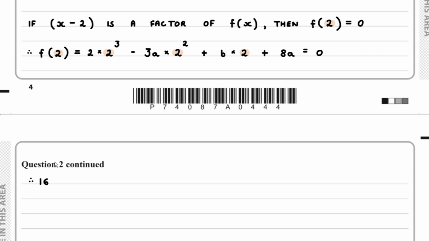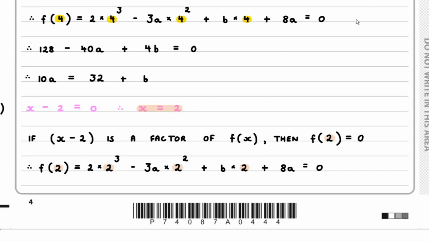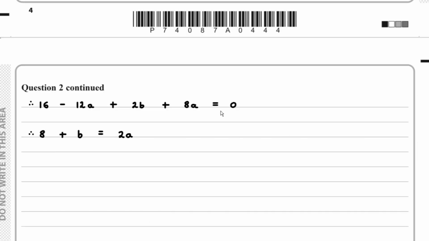So we have 16 subtract 12a plus 2b plus 8a equals 0, and if we simplify this, we have 8 plus b equals 2a. To find a and b, we need to solve this equation with the other equation simultaneously.